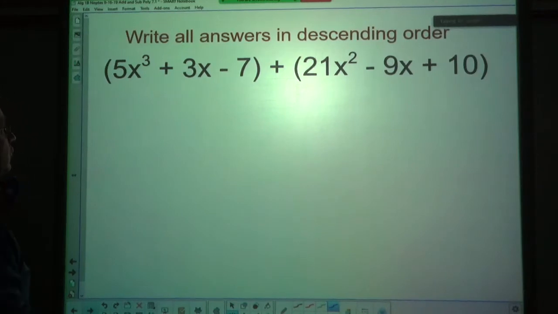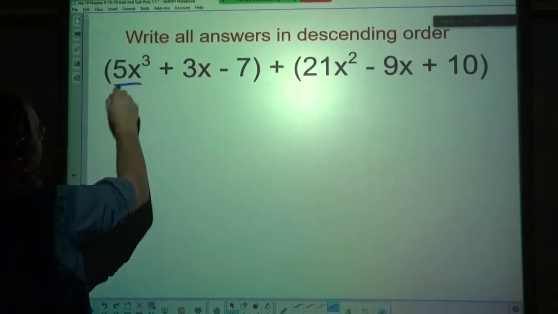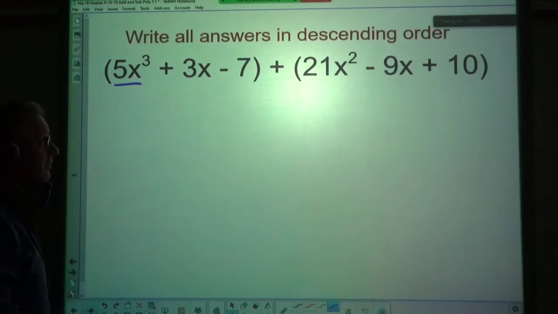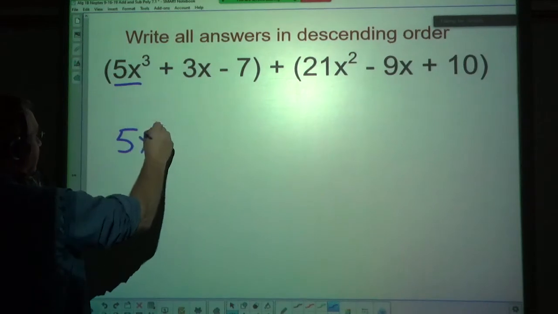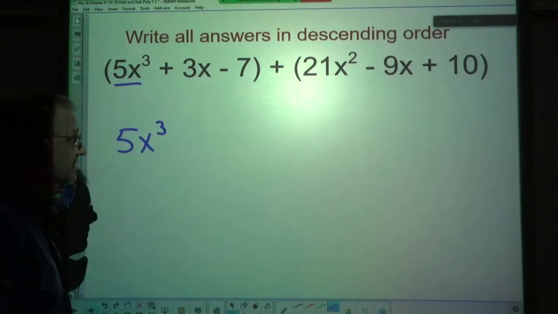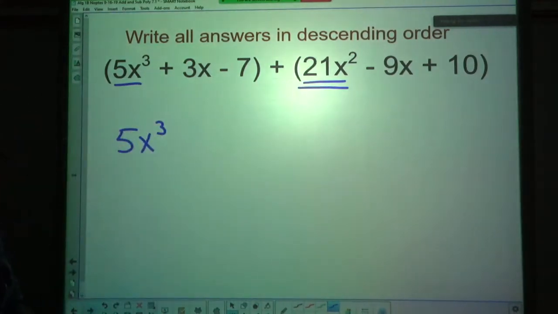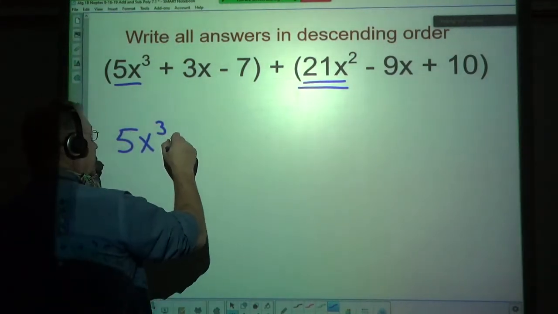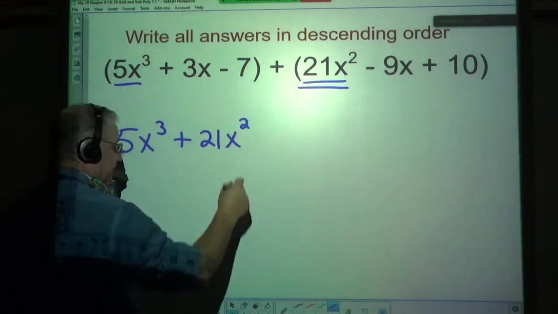I'm going to go to the biggest variable exponent, and that happens to be the 5x to the third power. There's no other x to the third, so I just write it down, 5x to the third. The next one is 21x squared. There are no other x squared, so I'm going to write that down. It's positive, so I put plus 21x squared.